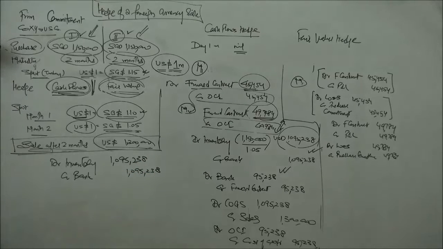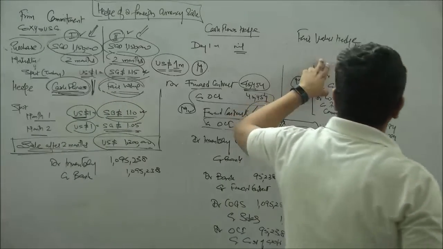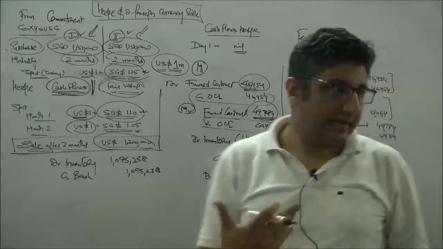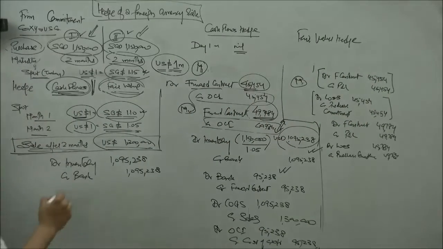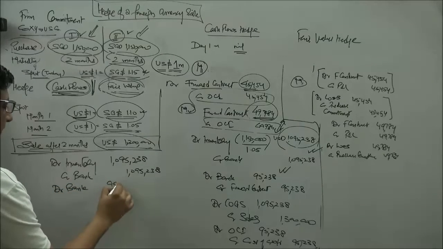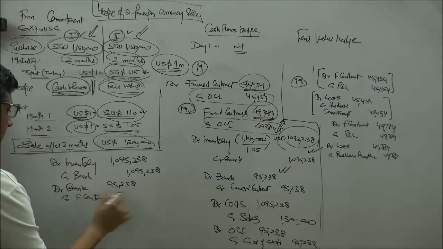But at the same time we have this forward contract, which is my hedging instrument, and the corresponding gain sitting there. So what we need to understand here is that my forward contract would be reversed. The moment I reverse my forward contract, I recognize a gain here. So I realize that money of 95238 and my forward contract is of course matured now.